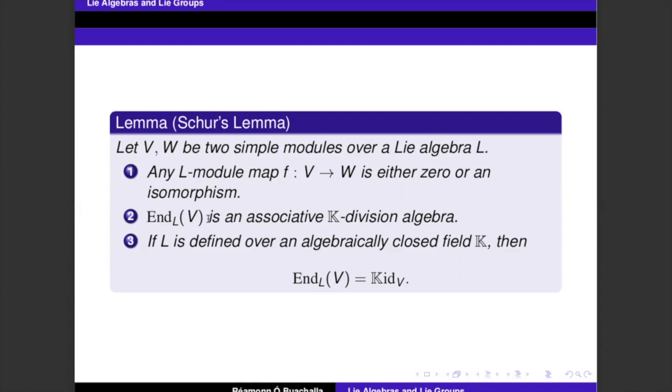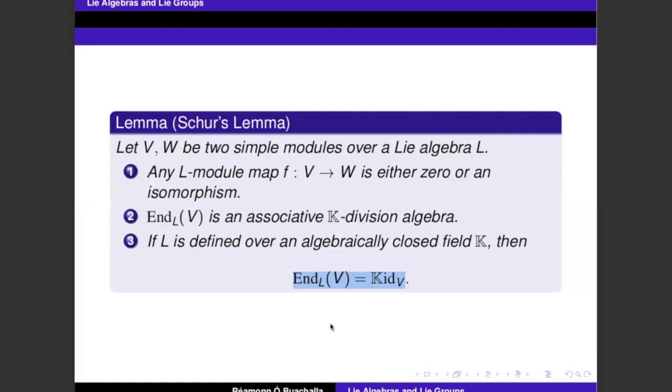And finally, if L is defined over an algebraically closed field, then this endomorphism ring, requiring that your linear maps from the vector space to itself are actually linear over L, not just over the field, is incredibly strong and means that the only linear maps satisfying this are going to be scalar multiples of the identity.